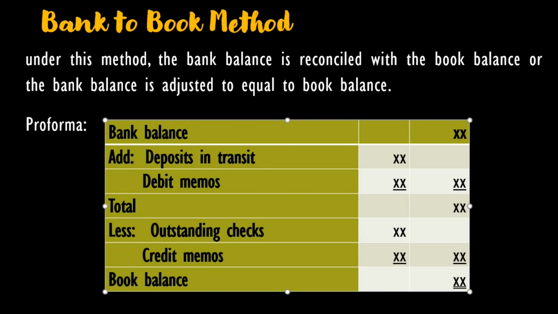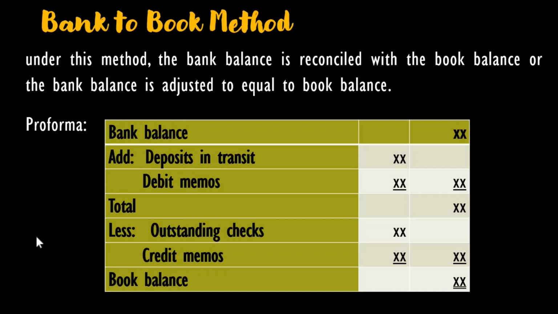Whereas our outstanding checks, which is again a bank reconciling item, is still considered as a deduction. Tapos, yung mga book reconciling items, yun naman yung i-reverse natin ang ating treatment.